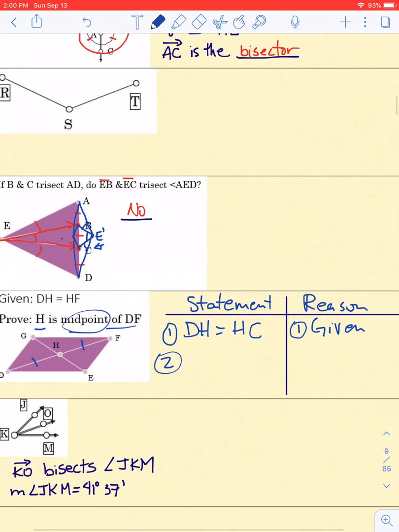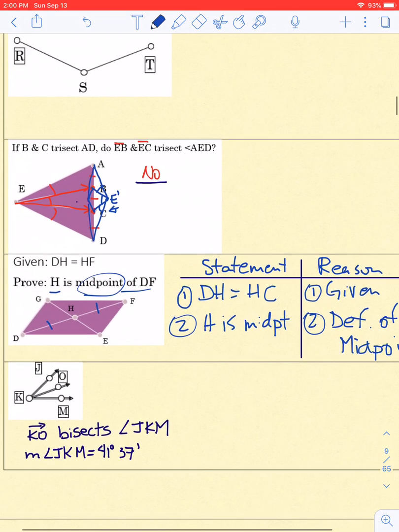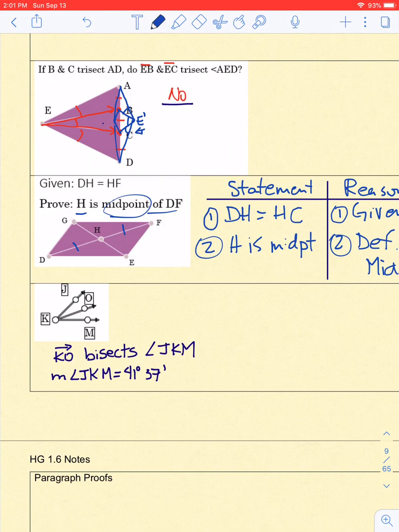So by definition, since we have this, then we know that H is the midpoint. And the reason for this is the definition of midpoint. So most of your proofs are really short and sweet. It's 2 little lines. You just state the given and then usually state a definition or a theorem.